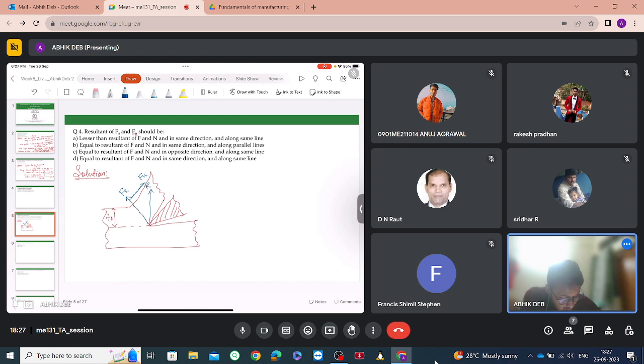Now similarly at the interface of the chip with the tool, the friction is working.